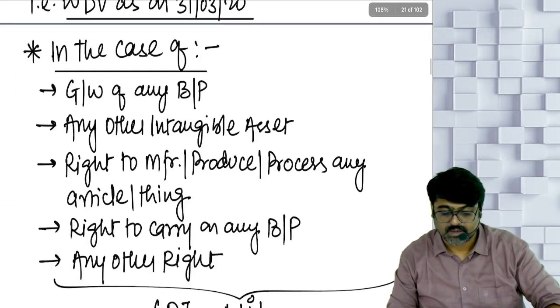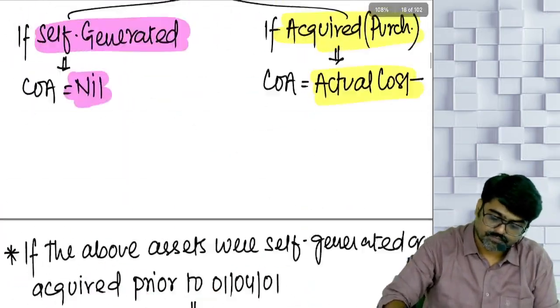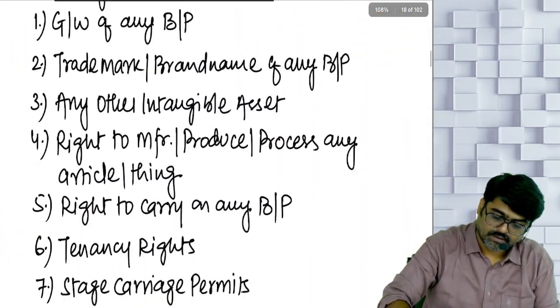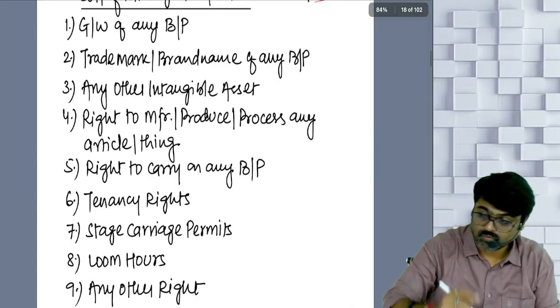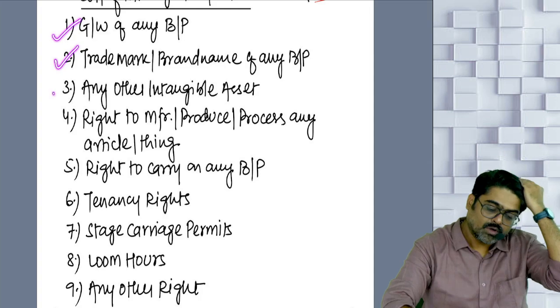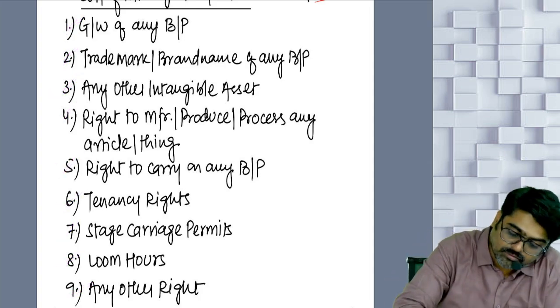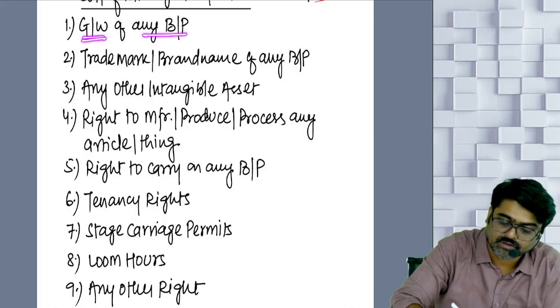Done? Now, see, how many assets I wrote here? Okay, 9 assets. Read the name one by one and point wise. Point number 1, 2, 3, 4, 5, 6, 7, 8, 9. First is what? Goodwill of any business or profession.